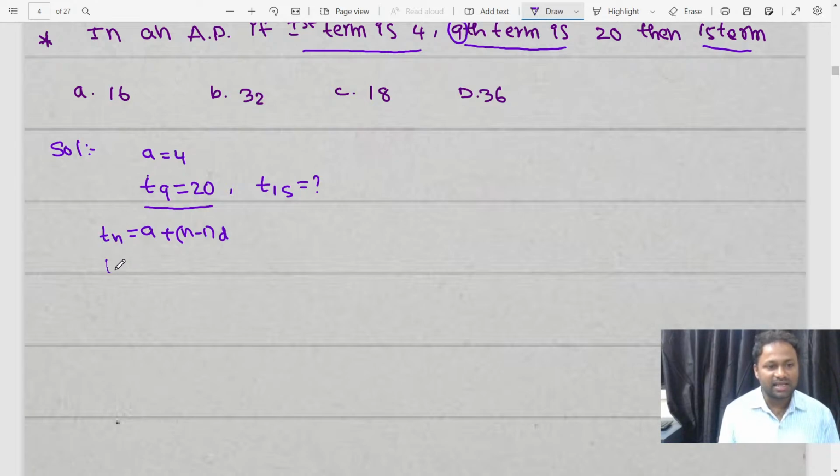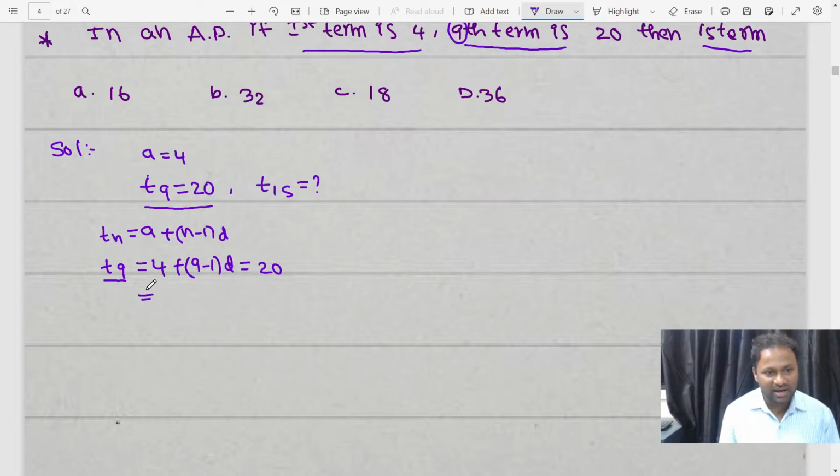Similarly, T9 is equal to A, 4, plus 9 minus 1, into D, is equal to how much given? 20. So T9 value is 20.